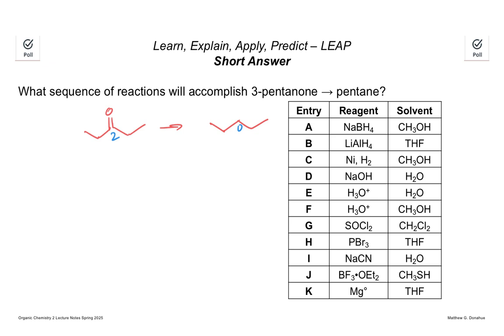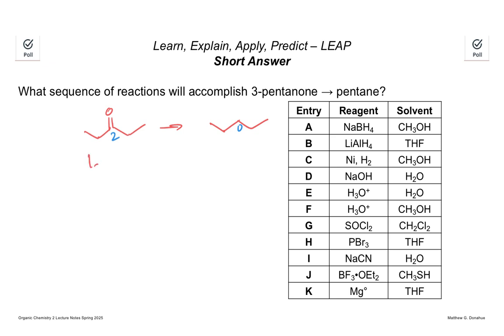We want to take 3-pentanone all the way down to pentane. So from what we just learned, we would first make the thioketal that has the sulfurs in it. And then since, again, that's special, we can just use the Raney nickel to reduce it all the way down to 0.